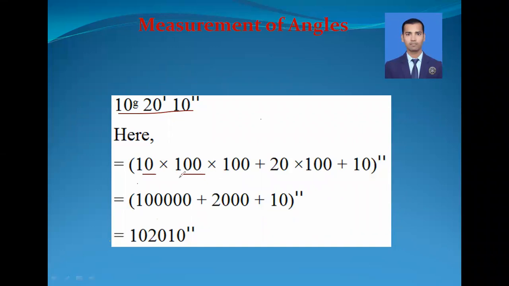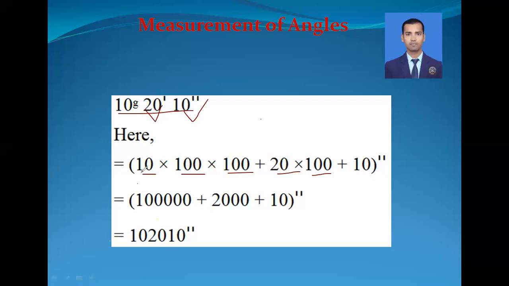In the same way, the minutes should be multiplied by 100 to get seconds, and then there is the minute 20. That's why we should add and multiply the minute by 100 to convert it into second. And then 10 is already given in seconds, so we should add 10.